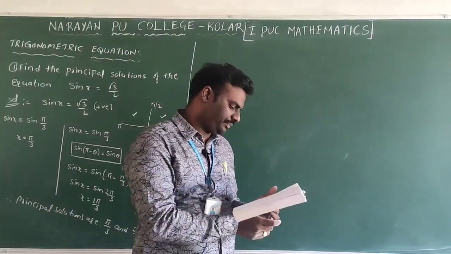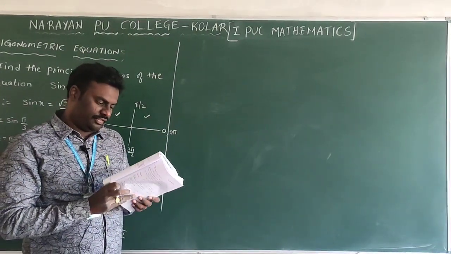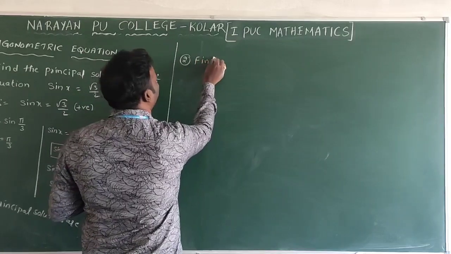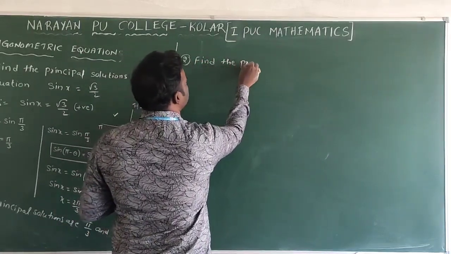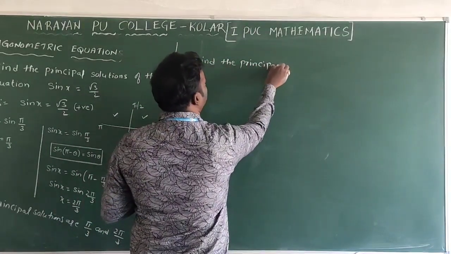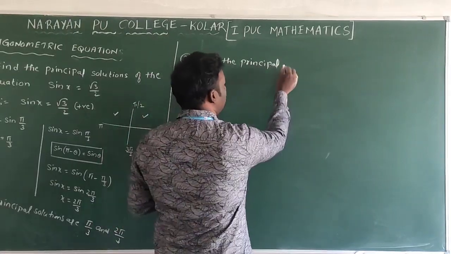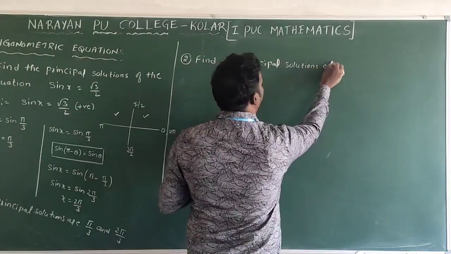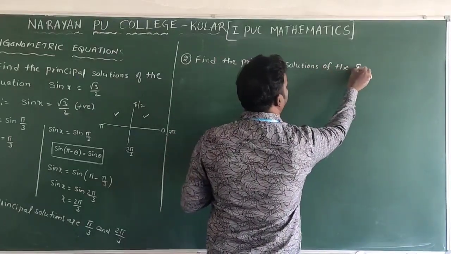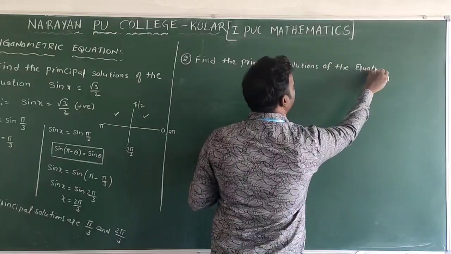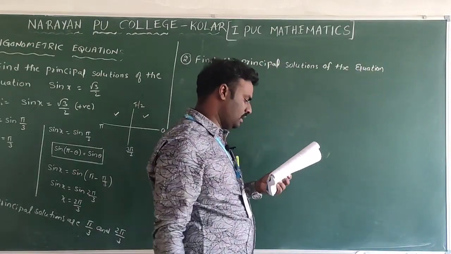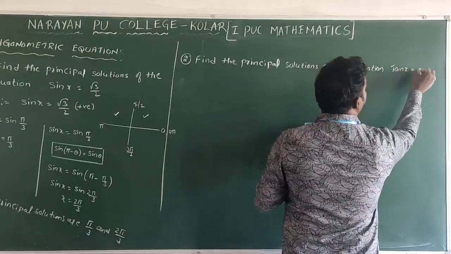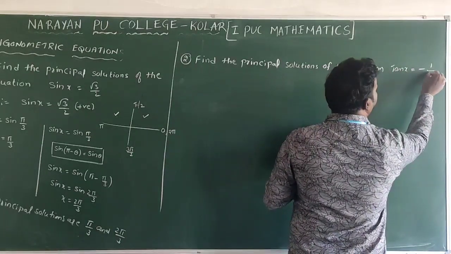Okay. Next, find the principal solutions. Two principal solutions will exist of the equation tan x is equal to minus 1 by root 3.